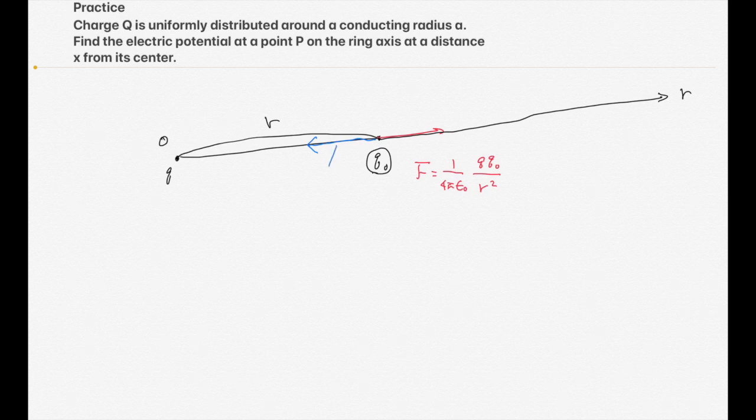So this is F in the opposite direction, and you have to multiply by the negative sign: minus 1 over 4 pi epsilon naught Q Q sub 0 over r squared. So you need to apply this force to move Q sub 0 to the new position.